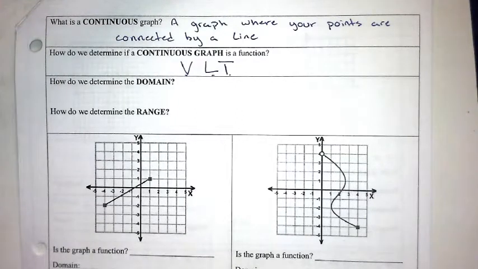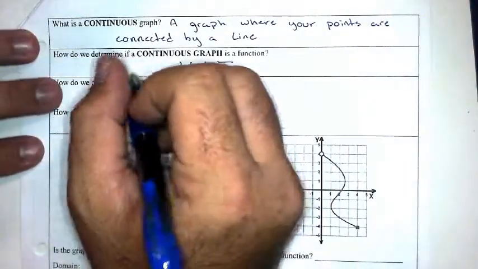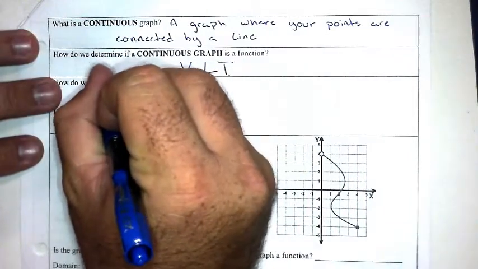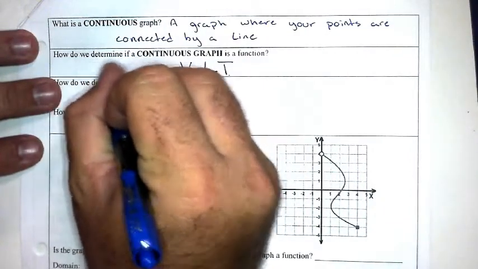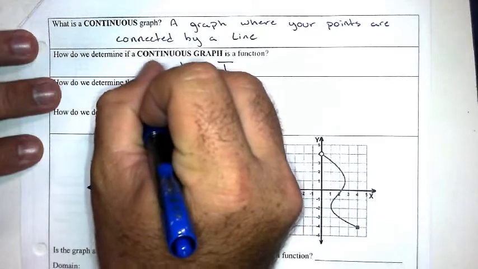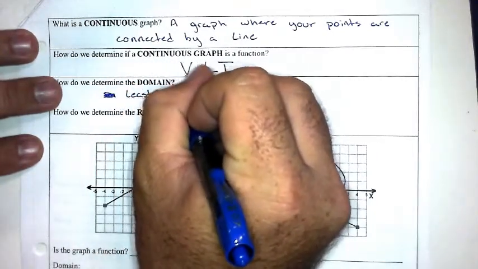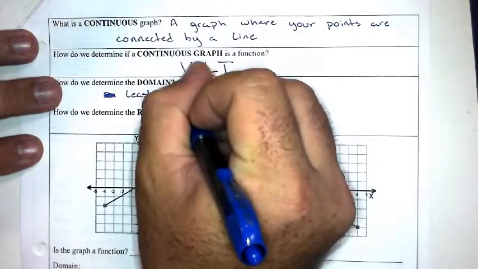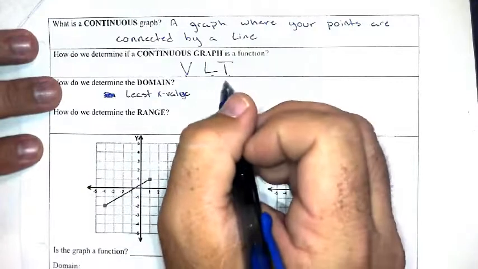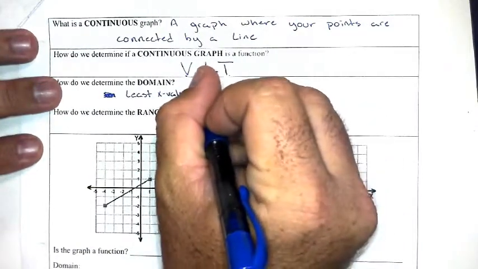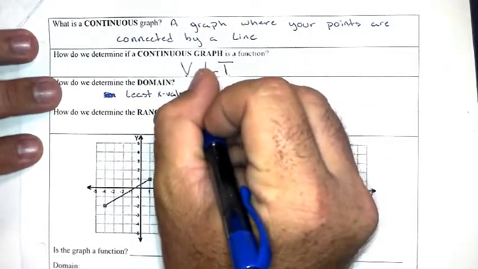So to write a domain, you're going to write, I'm not going to use that word, I'm going to use the least x value. That's a y. I don't know why I just did that. The least x value. Then you're going to do the less than or equal to sign, put an x, and then another less than or equal to sign.